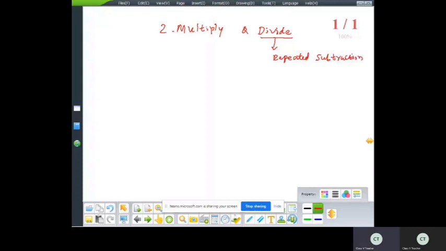Now, labels of division. This is a divisor. Dividend. Sorry, this is quotient.